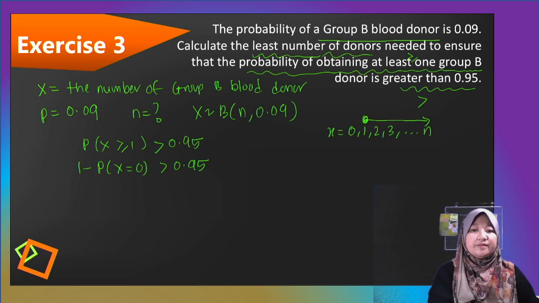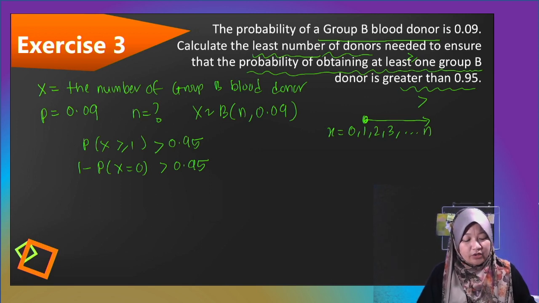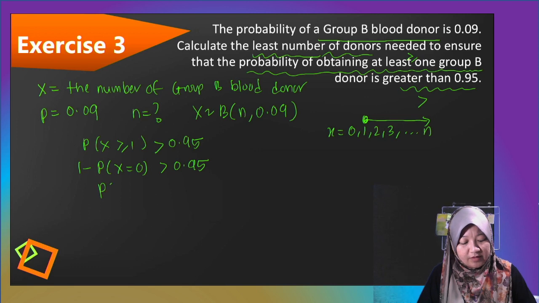Okay, like this. Simplify. We have probability X equal to 0, 1 minus 0.95.